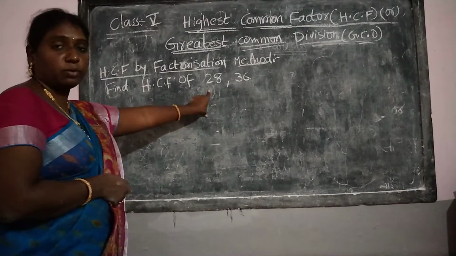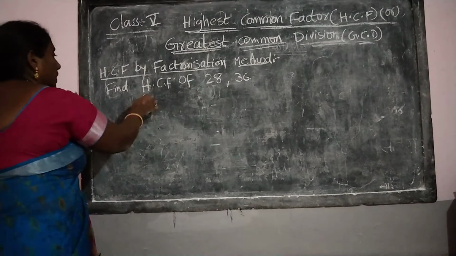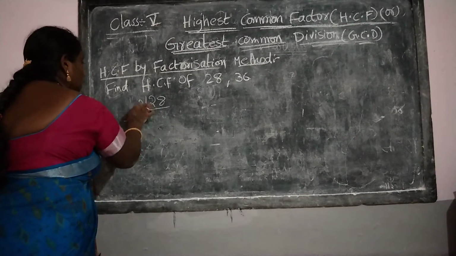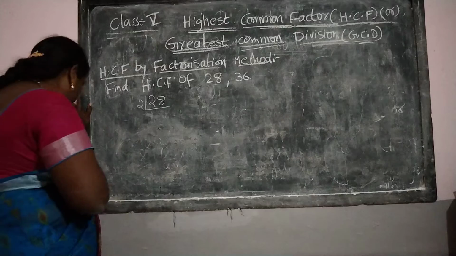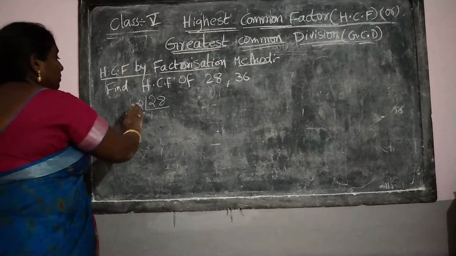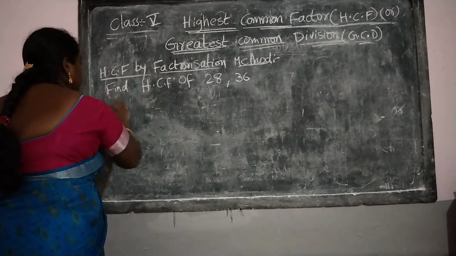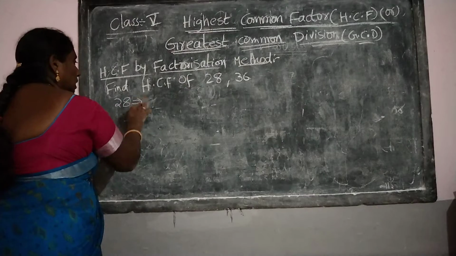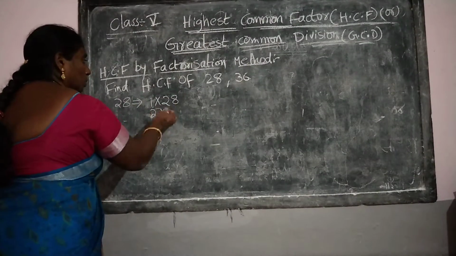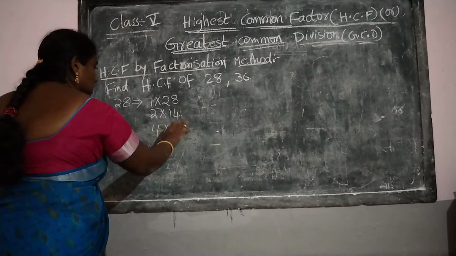First of all, we are going to factorize the numbers individually. Take 28. I am going to use the division method. First of all, find the factors like this: 1 into 28, next 2 into 14, next 4 into 7.